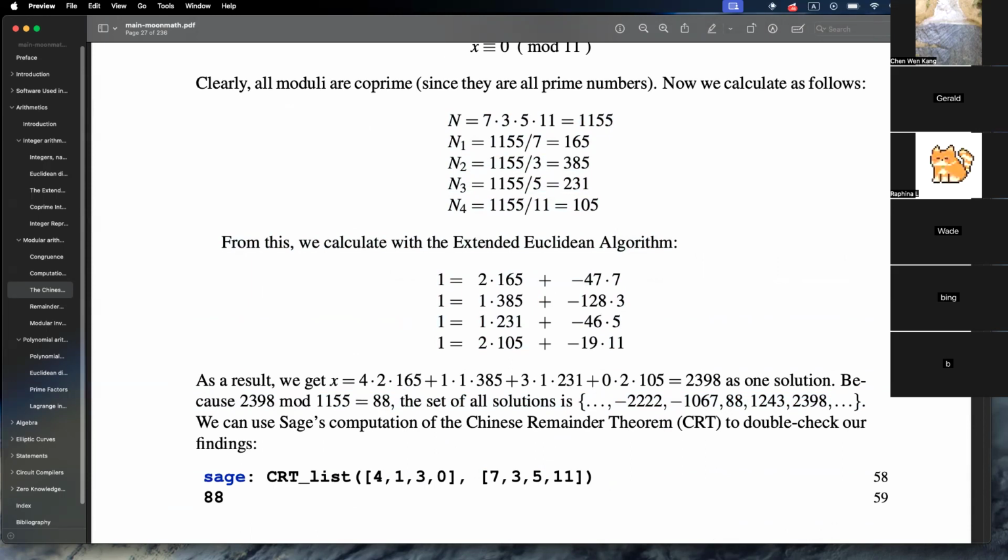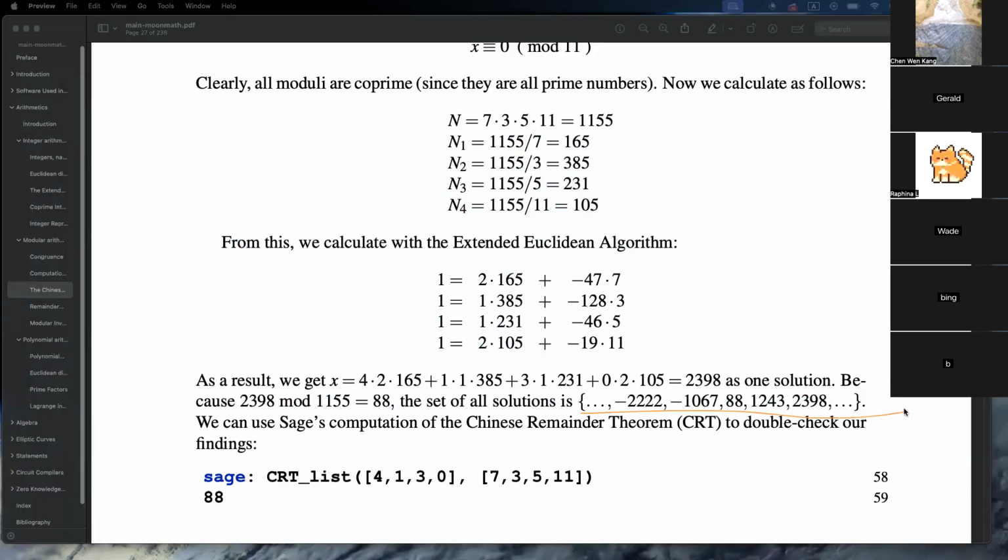So let me just try to see if I can write this. It's in this set because 88 mod 1155 is 88, right? But technically 1247, which equals 1155 plus 88, mod 1155 is still 88, right?